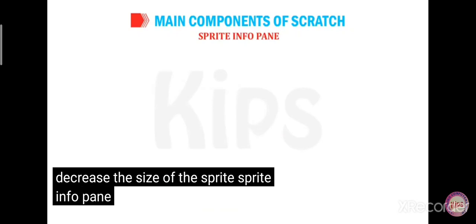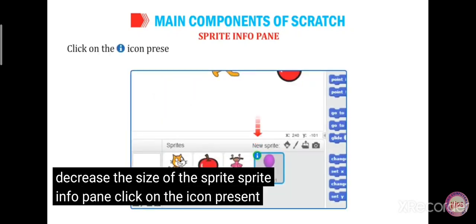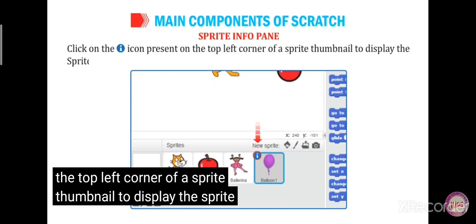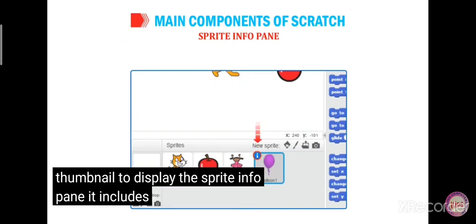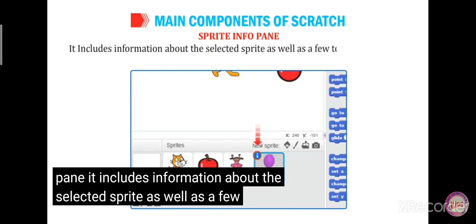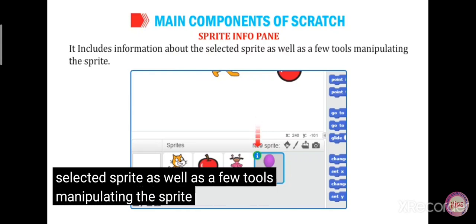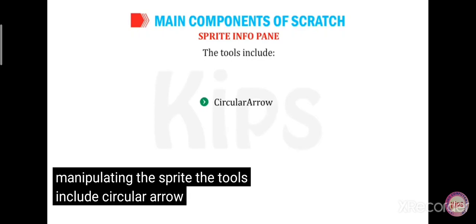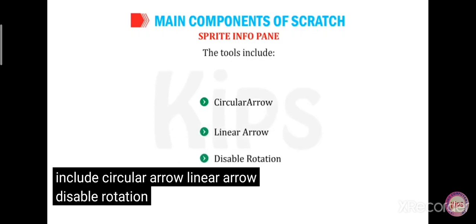Sprite Info pane. Click on the icon present on the top left corner of a sprite thumbnail to display the Sprite Info pane. It includes information about the selected sprite as well as a few tools for manipulating the sprite. The tools include circular arrow, linear arrow, disable rotation.